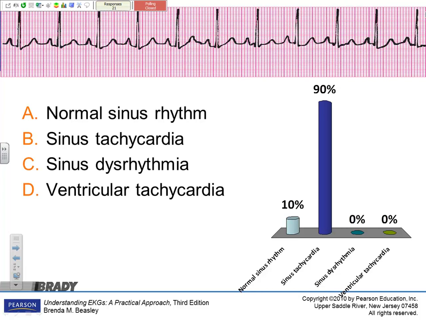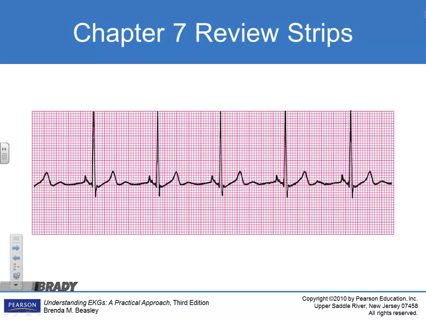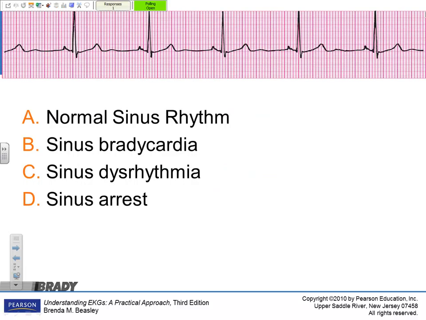So don't call this VTach. Nobody here did today, but this semester is young yet. Sinus tach. All right. I think all of these are 6-second strips from here on out. Identify.